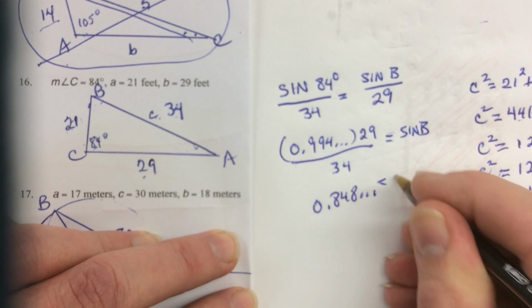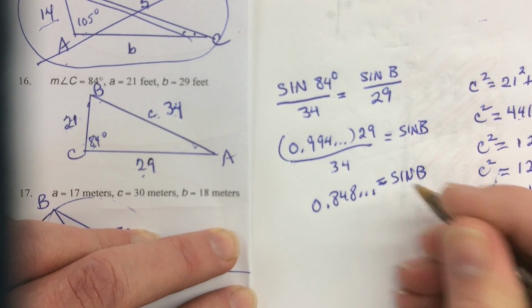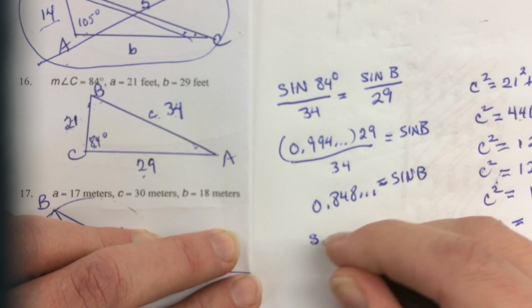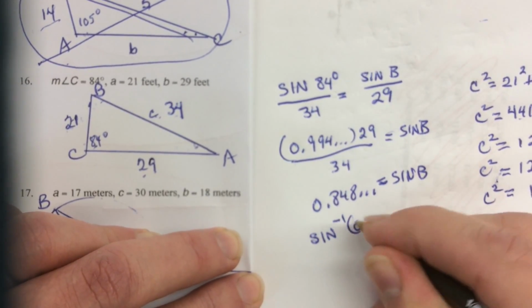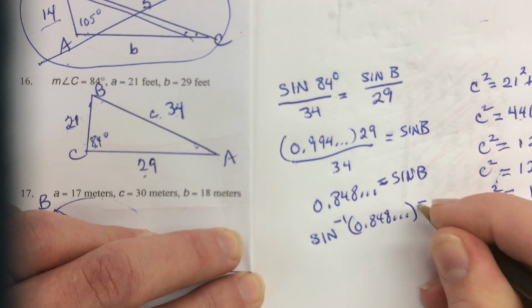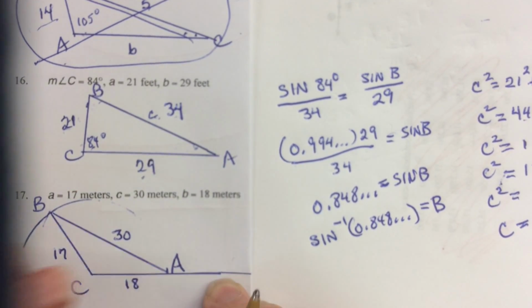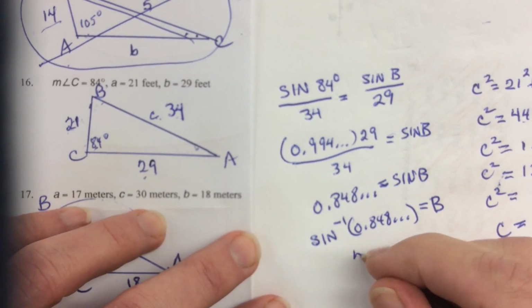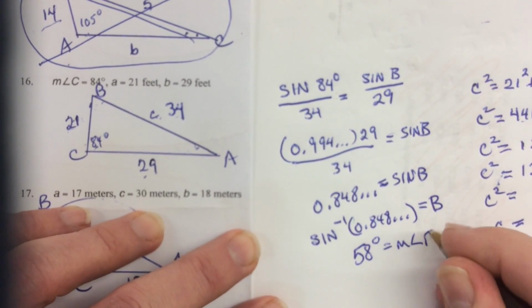That's the sine of B, which means the inverse sine of 0.848 something is going to be the measure of B degrees. We get 58 degrees. That's going to be the measure of angle B.